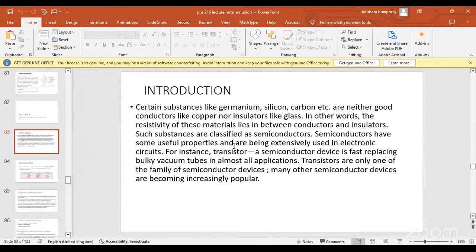A transistor is a semiconductor device. We have diodes. Transistor is made from 2 p-n junction diodes.